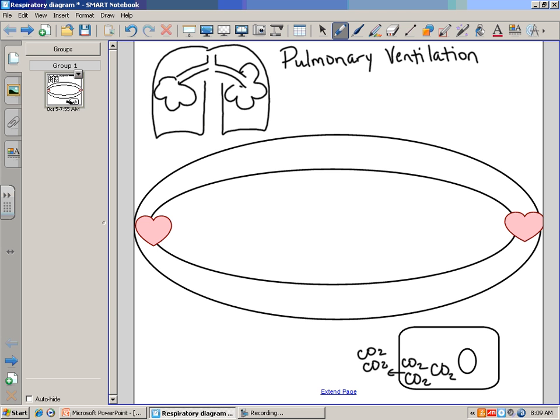And the reason I wrote it at the top of the screen is because pulmonary ventilation is the process that occurs simply at the lungs. Pulmonary ventilation has absolutely nothing to do with going through the gases and figuring out what's good and what's bad. The purpose of pulmonary ventilation is to get the air into the lungs. Then we decide what to do with it.